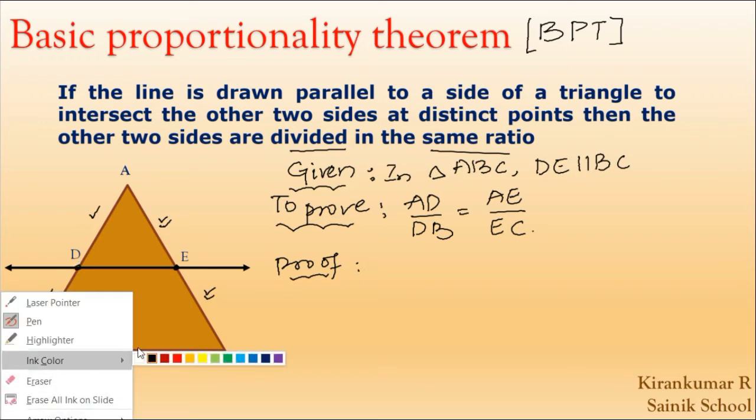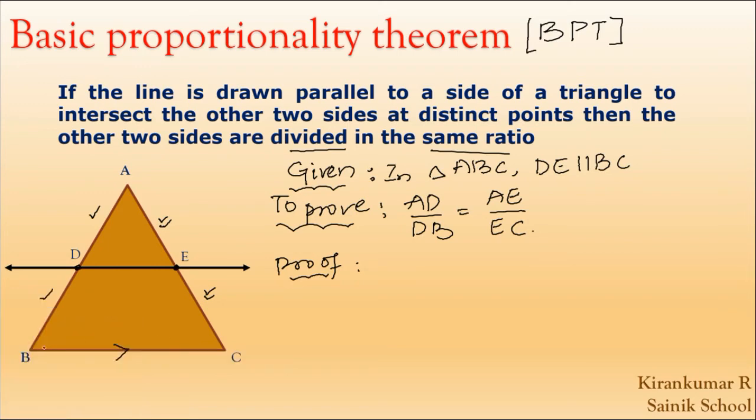For doing that, I will join BE. So we have joined BE. Now you can observe there are two triangles here. This is one triangle. This is the other triangle.